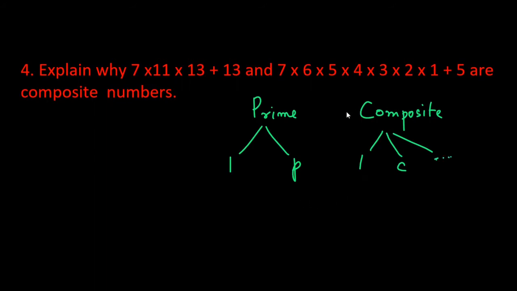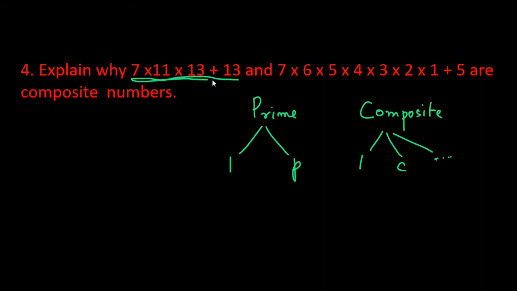And by fundamental theorem of arithmetic, we know that composite number can be written as a product of prime numbers. So if we are able to write any number as a product of prime numbers, we can say that that number is a composite number. Here we are given with two numbers.